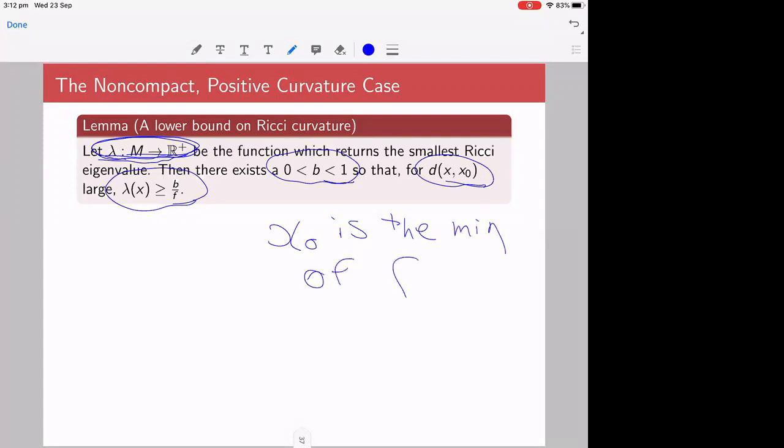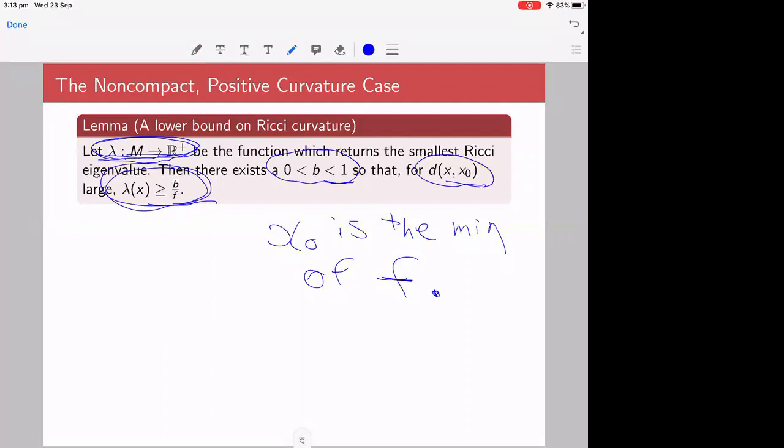So remember last time, because of those asymptotics, we showed that f has to have a global minimum. We're going to choose x0 to be that global minimum, and we're interested in what the behavior of the Ricci curvature is really far away from this minimum, and it turns out that we get this estimate here.